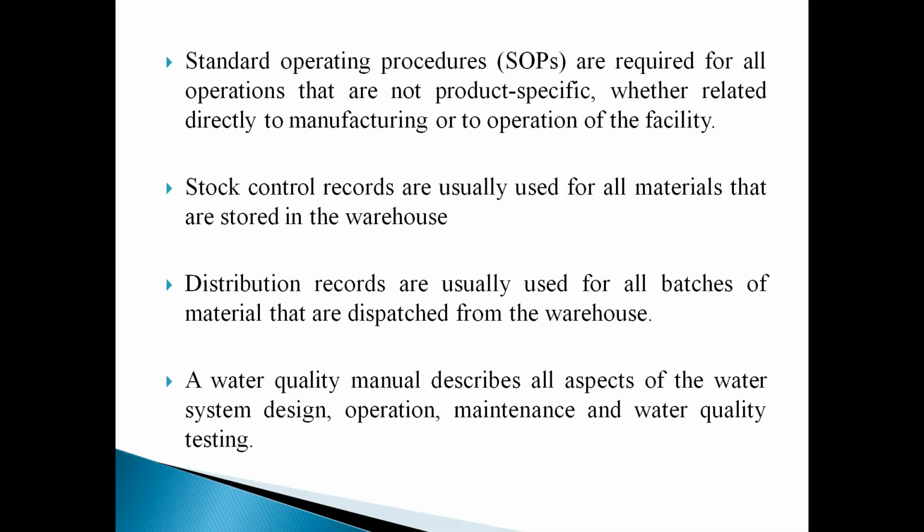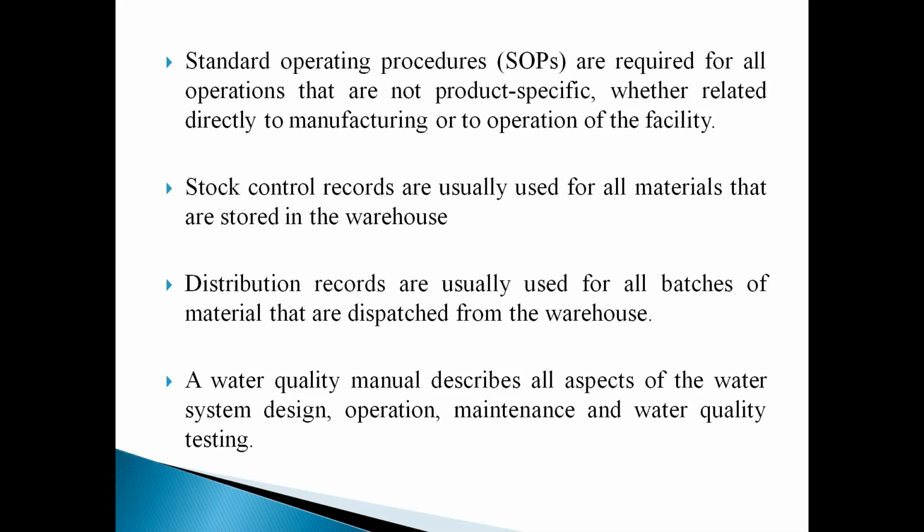Then standard operating procedures are required for all types of operation that are not product specific, whether they are related directly to manufacturing or to operation of the facility. For that reason, SOPs are required. Stock control records are usually used for all materials that are stored in the warehouse.